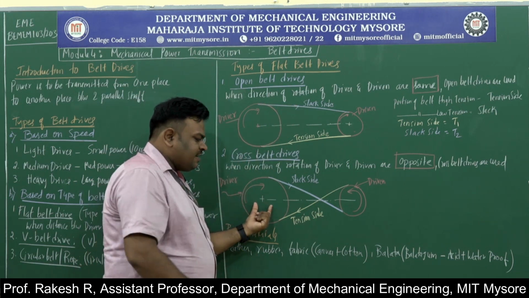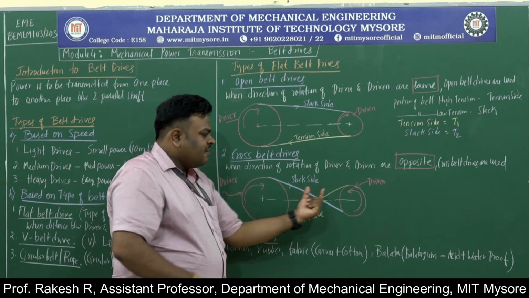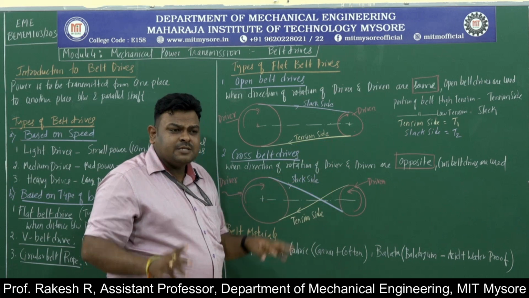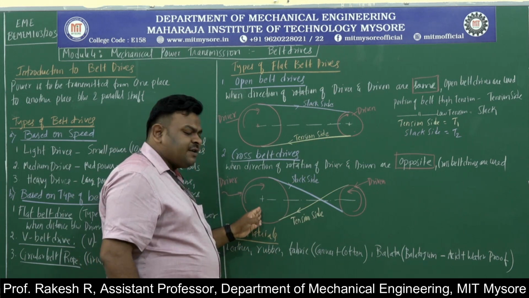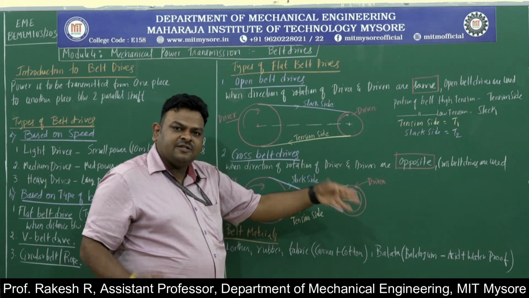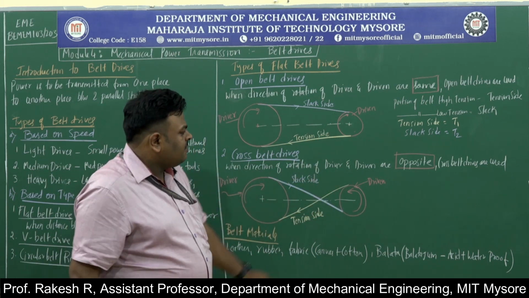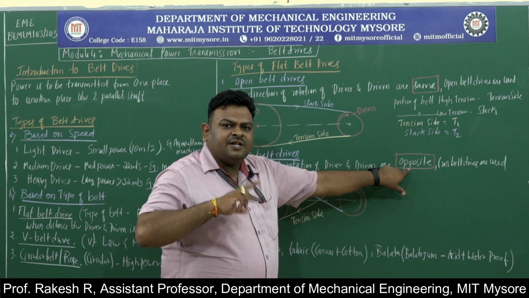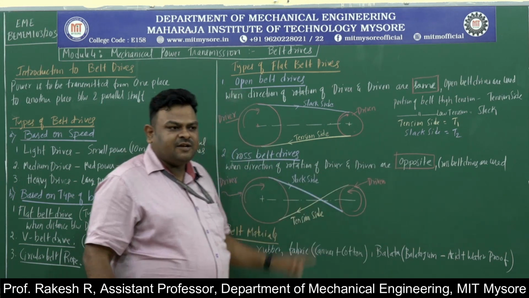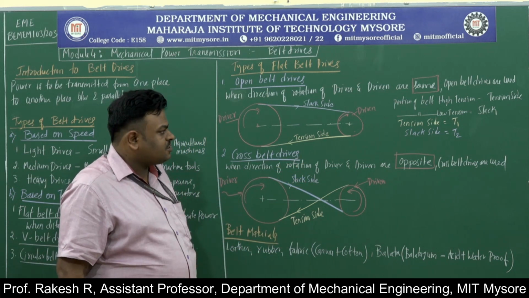So here driver is rotating in clockwise direction, but driven is rotating in counterclockwise direction. Even the other case is also possible. If the driver is rotating in anti-clockwise direction, driven can rotate in clockwise direction. That's why we mentioned directly: if the direction of rotation of driver and driven are opposite, then cross belt drives are used.